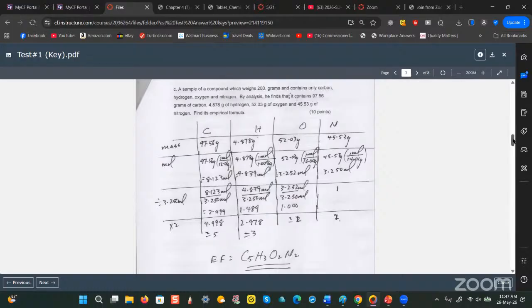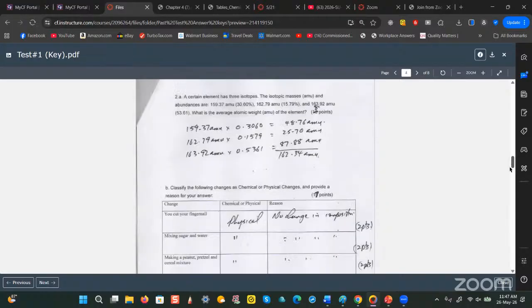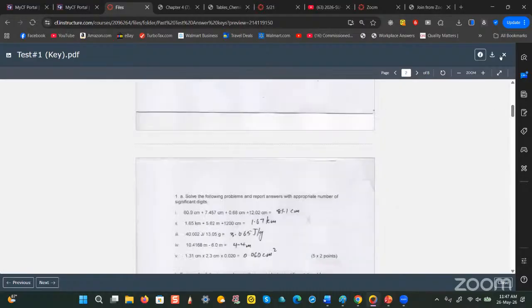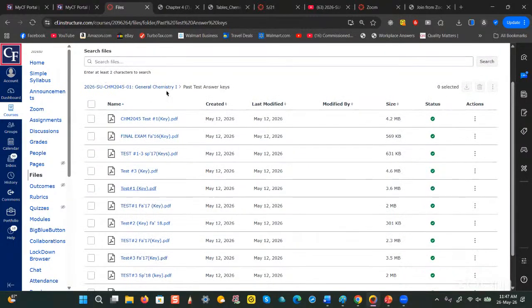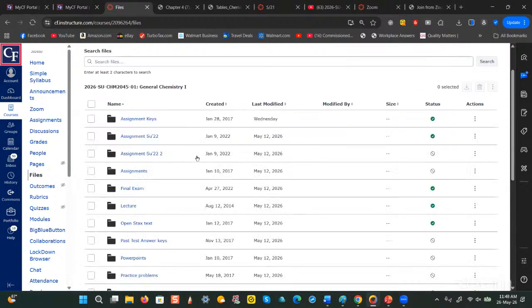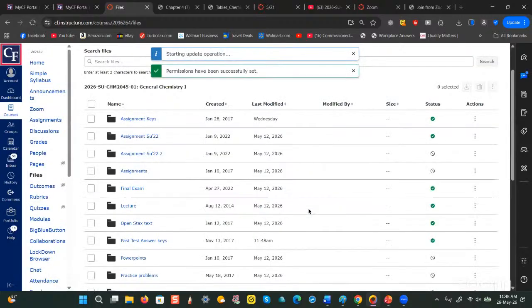So you wouldn't use that to prepare for chapter 3. But some other topics here. So what I'm going to do is just publish the whole folder, the past test answer keys, because it contains the answer keys for tests 1, 2, and 3 and the final exam and so on. So you can use that to help you prepare as well.